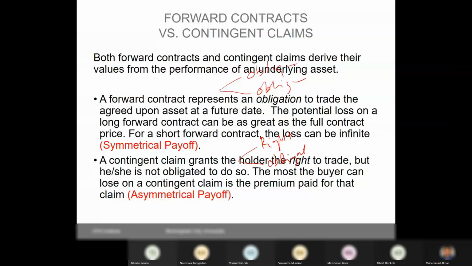I mean, if the buyer can make a 50% gain, the seller can also make a 50% gain in a different situation. However, in the option, the payoffs are asymmetrical. And what do we mean by that? The seller of a call option or a put option can only earn the call premium or the put premium.